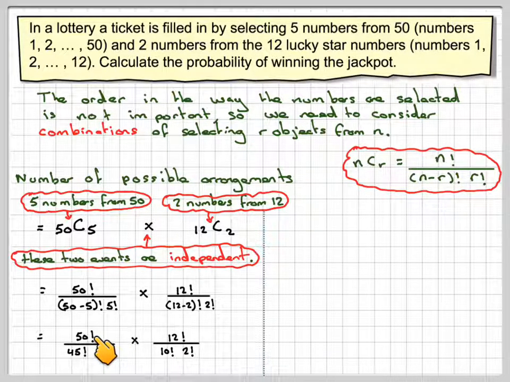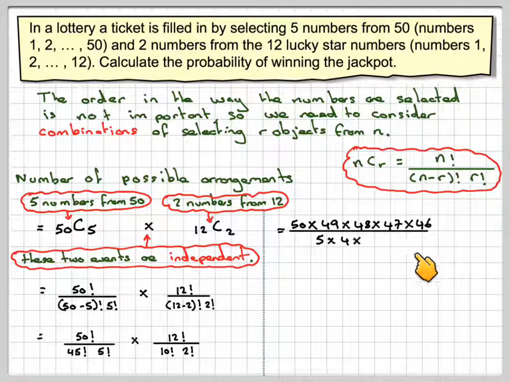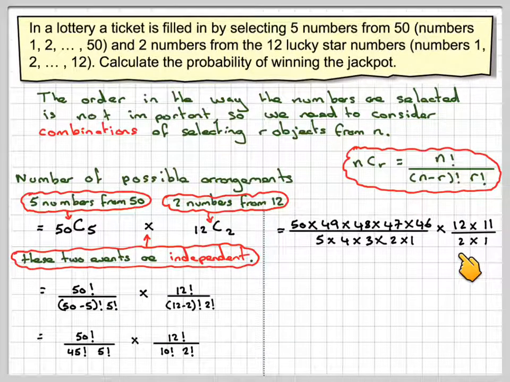Now 50 factorial divided by 45 factorial becomes 50 times 49 times 48 times 47 times 46. We've still got the 5 factorial, so it's 5 times 4 times 3 times 2 times 1. And then 12 factorial divided by 10 factorial is just 12 times 11, still multiplied by 2 factorial, 2 times 1.